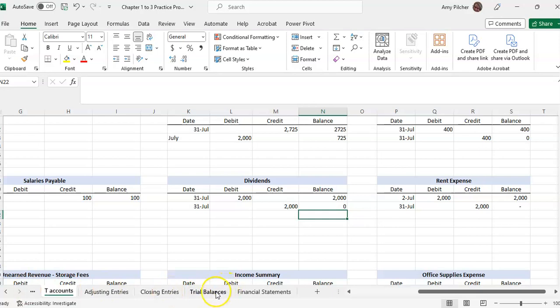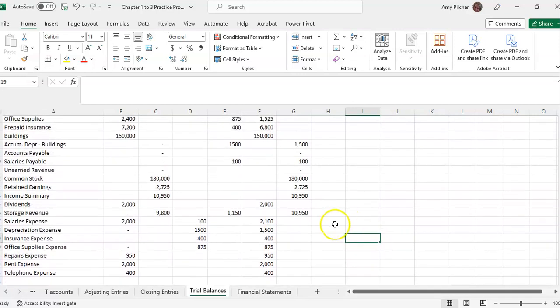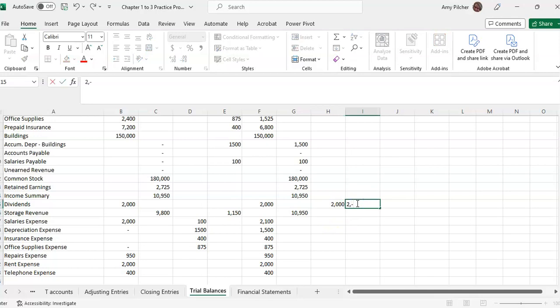The last thing we need to do is then our closing trial balance. So we have these closing entries where we now have, so we debited this for 2,000. This was a credit for 2,000. This was a debit for 10,950. And then we have a credit for each one of our expenses.